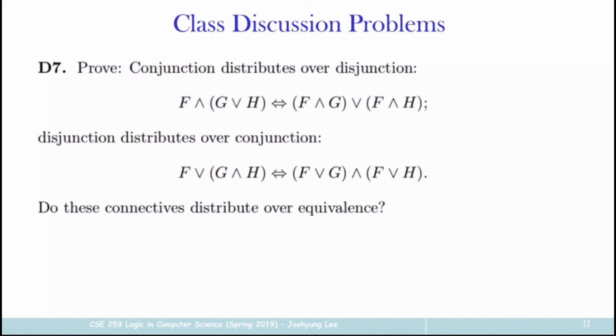The next question is, does a connective distribute over equivalence? What I mean is, suppose I change this to equivalence. Does it work? Can this be distributed over equivalence? You can check it.